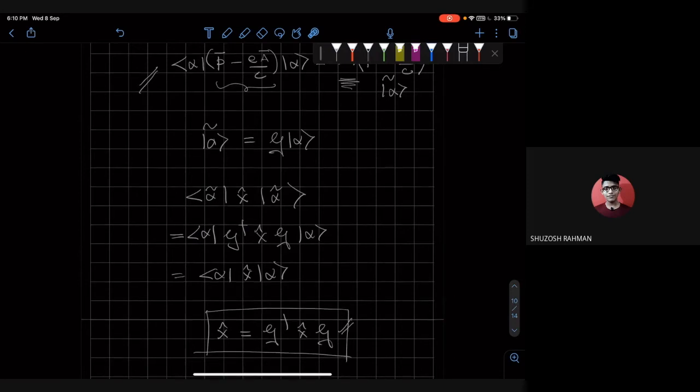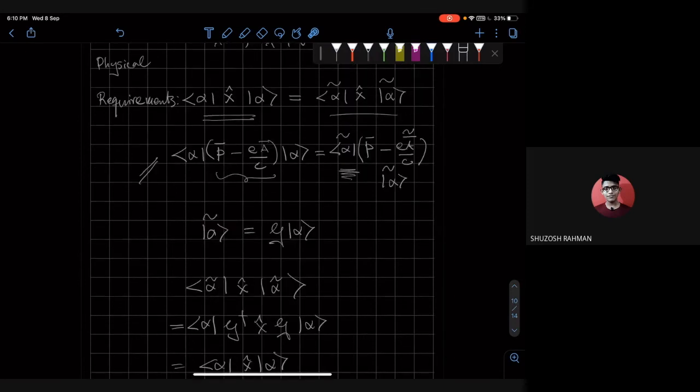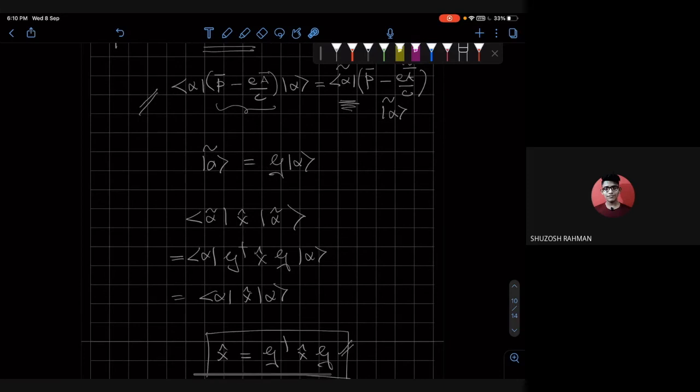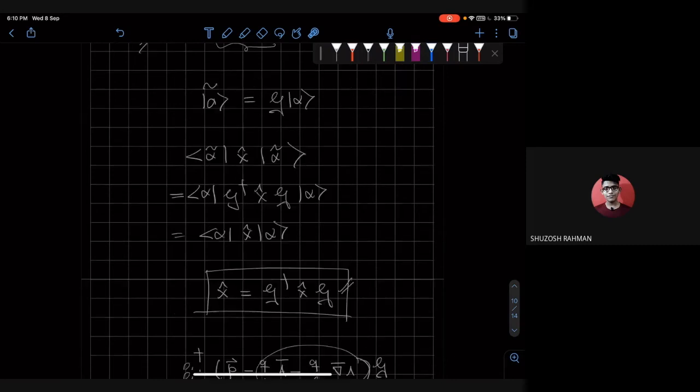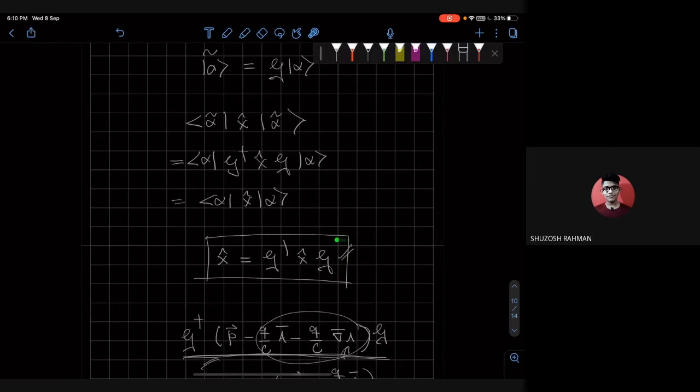And therefore, this has to be equal to this thing. But you see, this alpha is just a random state. So for this to be true, it has to be true as an operator equation. So this is one of the requirements for G to satisfy.